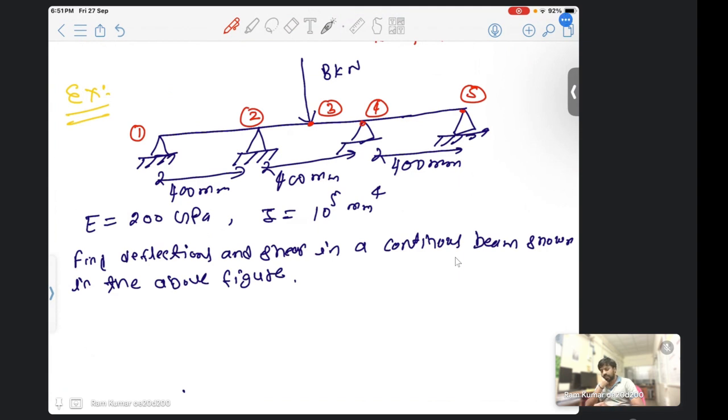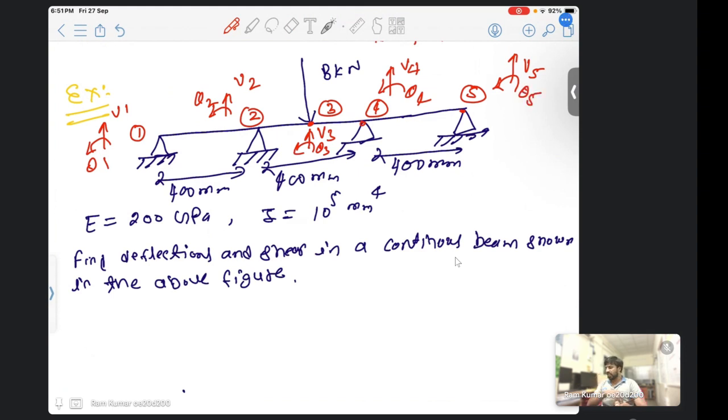So this is v1, theta 1, v2, theta 2, v3 and theta 3, then v4, theta 4, v5, theta 5.